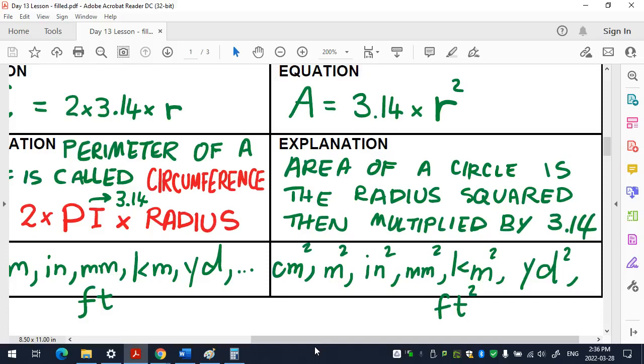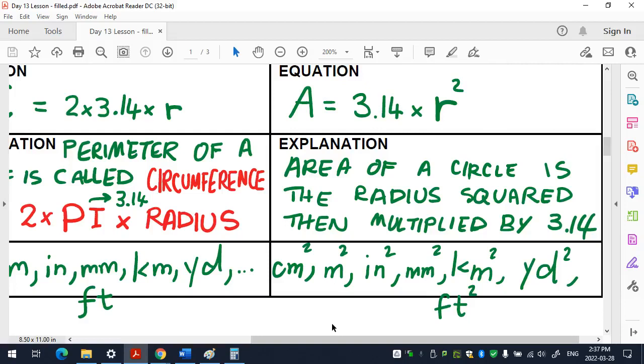How do you measure perimeter or length? You can use any of those units: meters, centimeters, inches, anything that measures straight length.